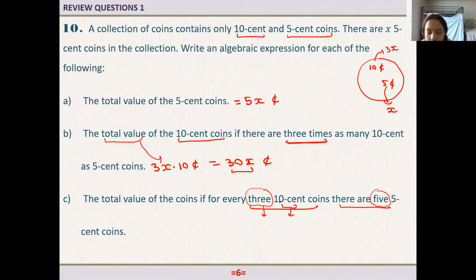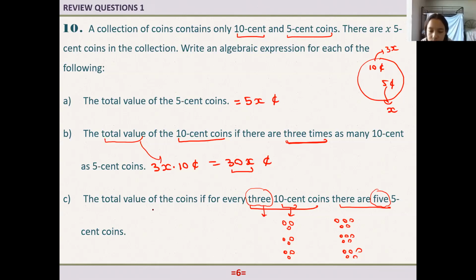But you are grouping them as 3, like for example, here we have 3, and another 3, and another 3. But these 5-cent coins, you're grouping them as 5. So here we have 1, 2, 3, 4, 5, 1, 2, 3, 4, 5, 1, 2, 3, 4, 5.